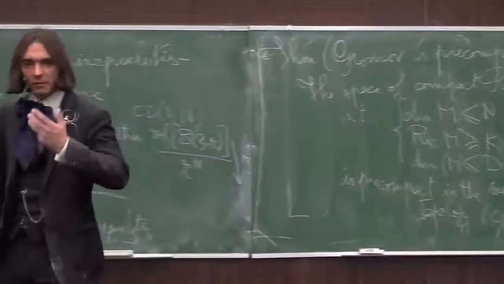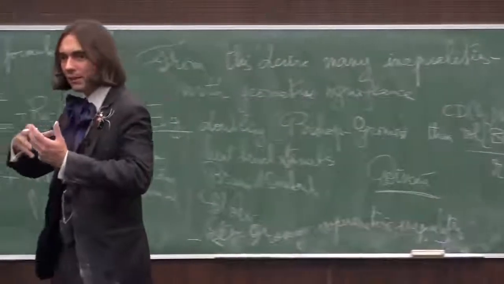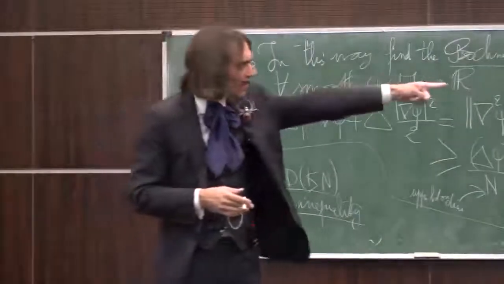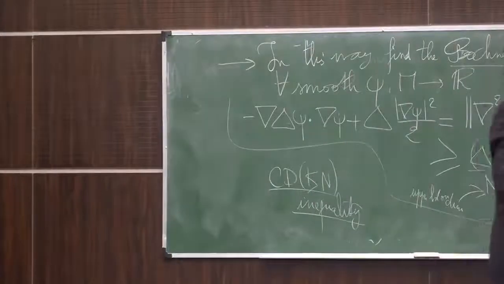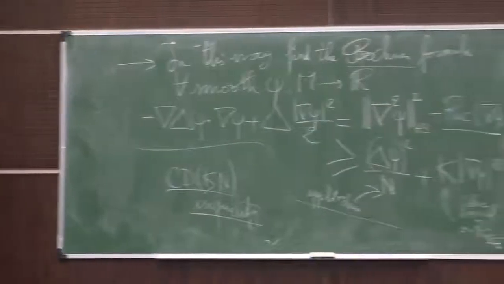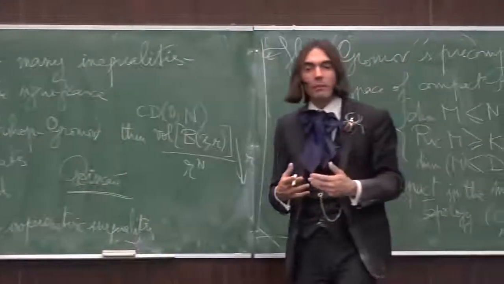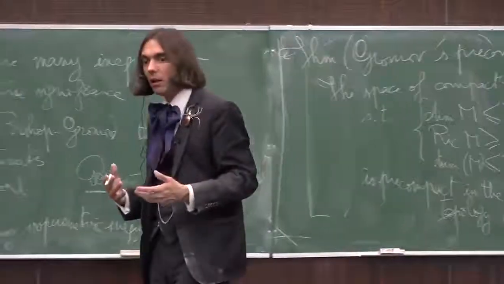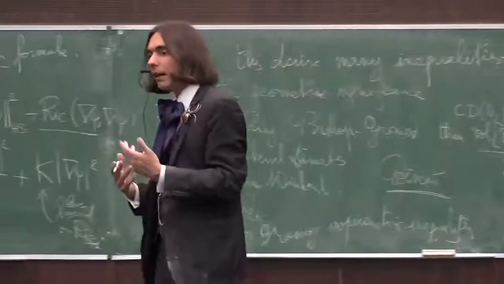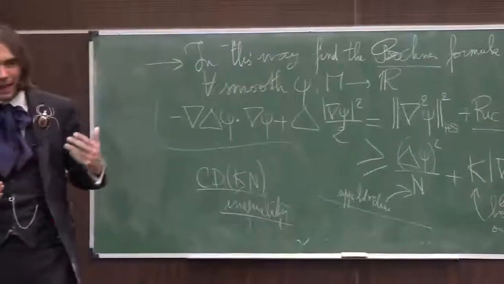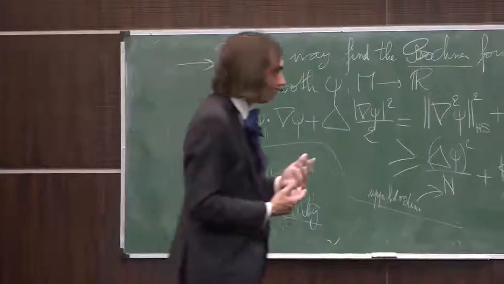And now you ask, if I take a sequence of geometries in this space, which is precompact, converging to something, what will it converge to? Maybe it's a manifold, but maybe not. Maybe it's a singular space. Can we describe it? And can we say that it is also CDKN in some sense?